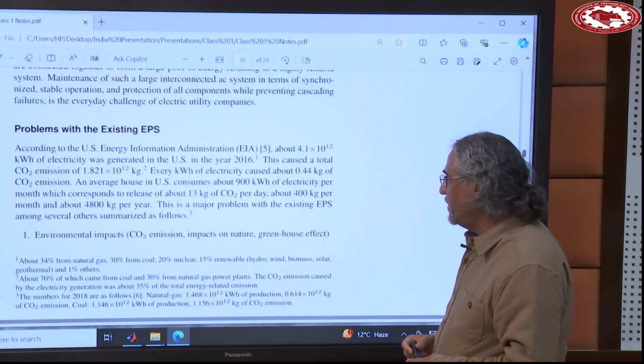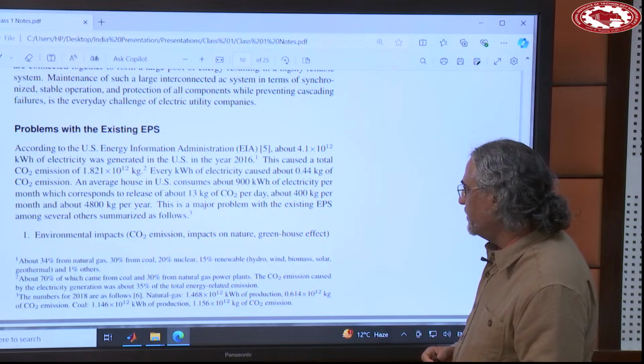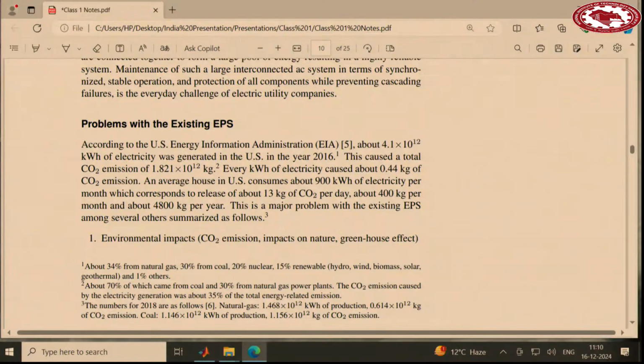The amount of CO2 emission was 1.821 times 10 to the power of 12 kilograms. So if you just do a simple calculation, you realize about 0.44 kilogram of CO2 emission is generated for every kilowatt hour of electricity on average in 2016 in the US.